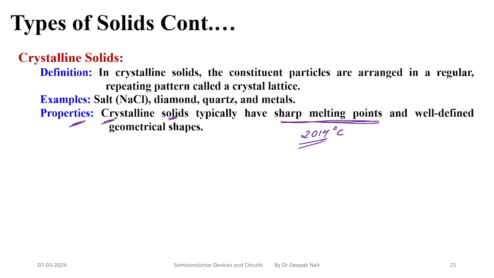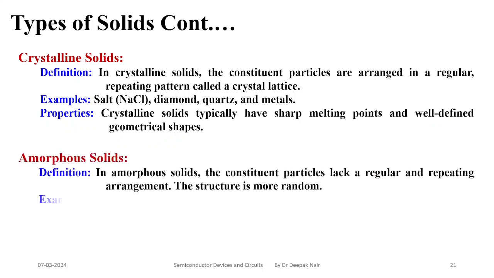Whereas many materials may melt in a range of temperatures, and they are not generally crystals. And these crystals generally have very well defined geometrical shapes. So even if you break them, you will find that each broken particle has a well defined geometrical shape associated to it.